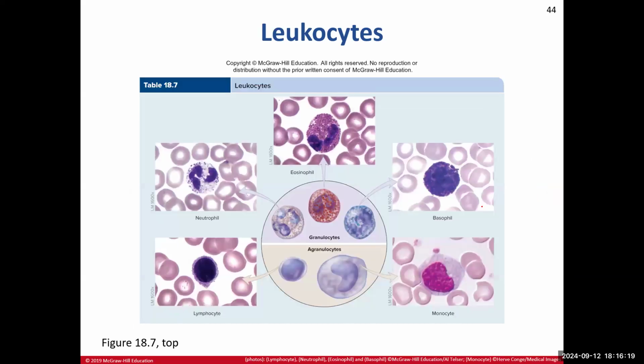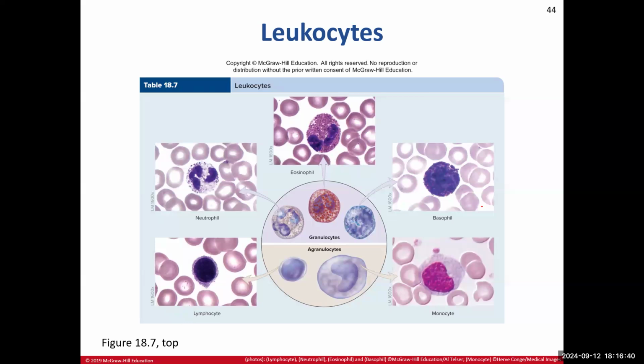You can see here on our screen, you have granulocytes and agranulocytes. And I briefly talked about this before. Granulocytes are any cell that has the last four or five letters as PHILS, phils: neutrophils, eosinophils, basophils.